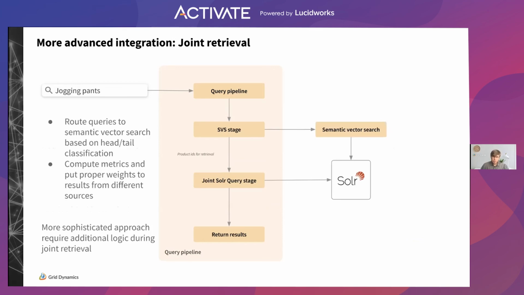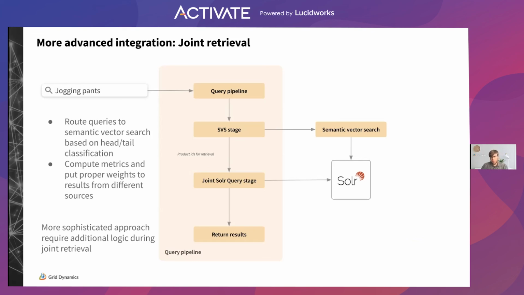The more complex use case is when we're trying to join results from the regular search and from the semantic vector search. In this case, we can have different heuristics for how to achieve this, and we can compute metrics for how well we match the query. Did we understand it well? If we did understand it well, we can return regular search.